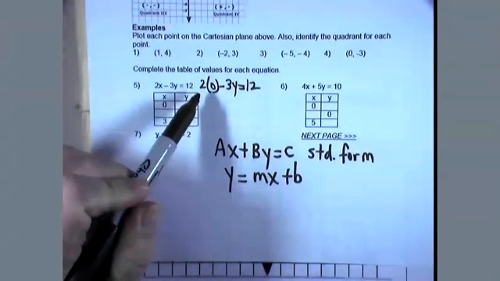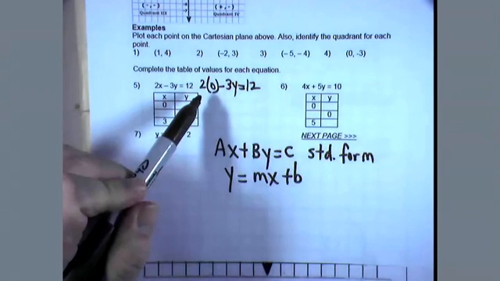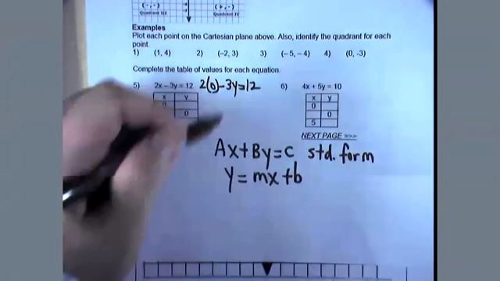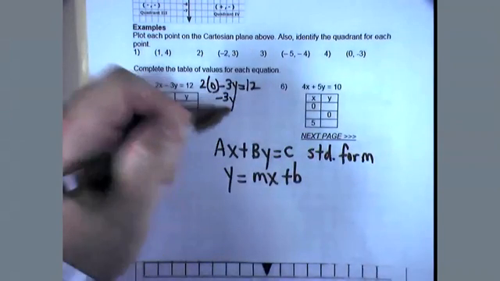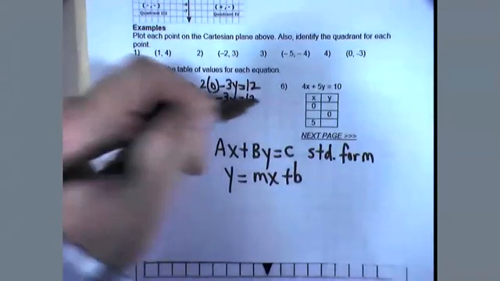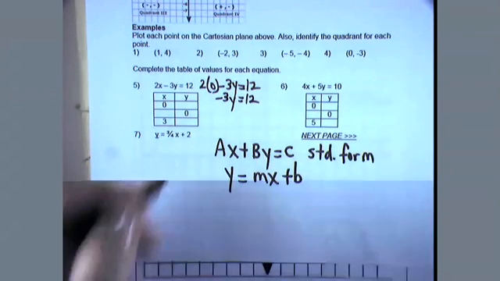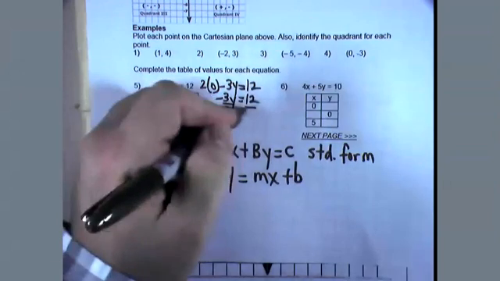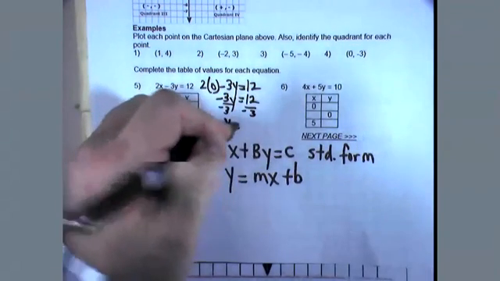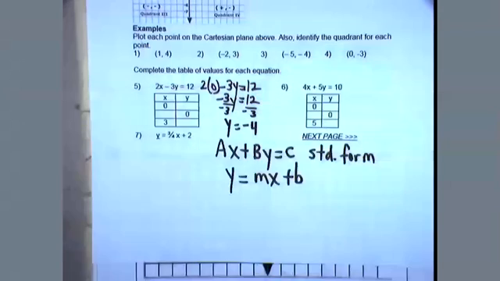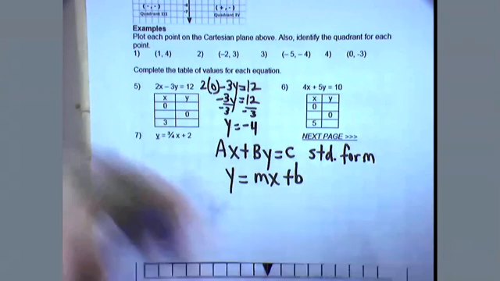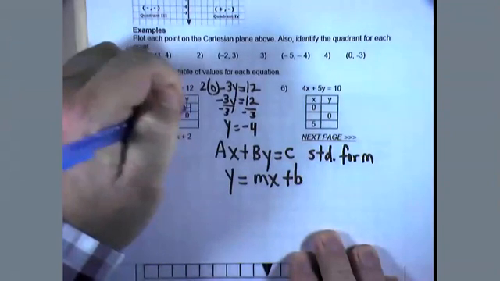Two times 0, that essentially disappears. So you're left with negative 3y equal to 12. And when you solve this equation, we divide both sides by negative 3. So when x is equal to 0, y is equal to -4. So that's one ordered pair completed.